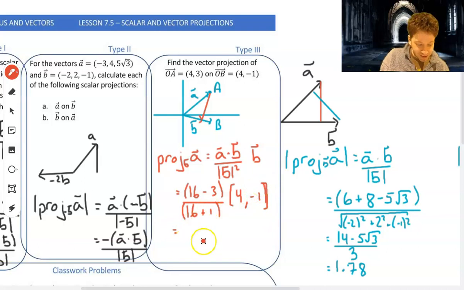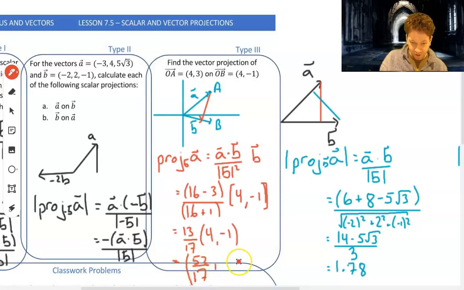So this gives us 13 over 17 times 4 and negative 1. Now we could leave it like that if we wanted to. Our vector has a scalar multiple of that. Or we can write it as 52 over 17 as our x-coordinate, and our y-coordinate would be minus 13 over 17. So there's our vector projection of A on B.